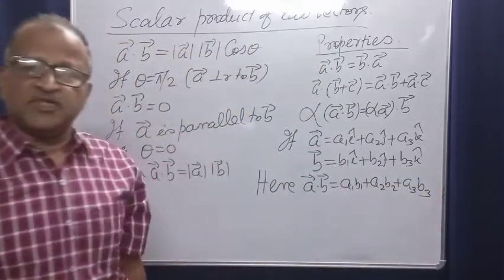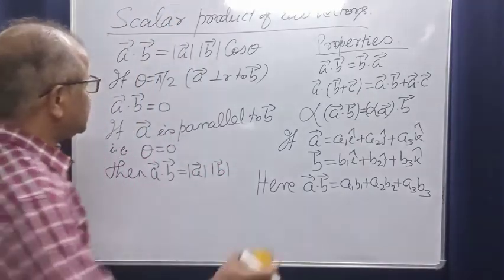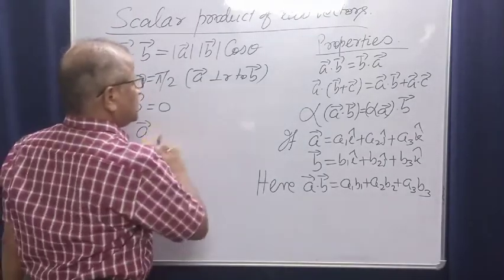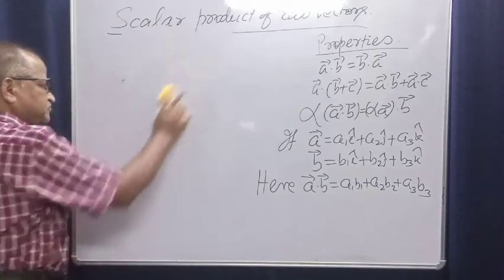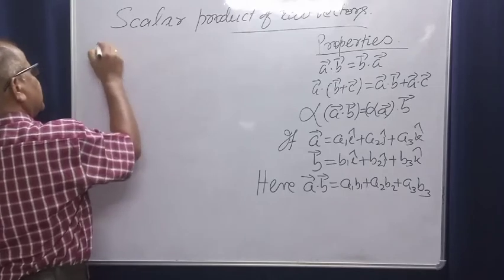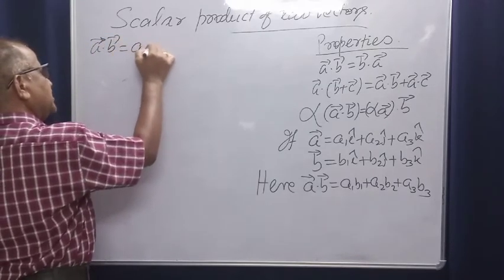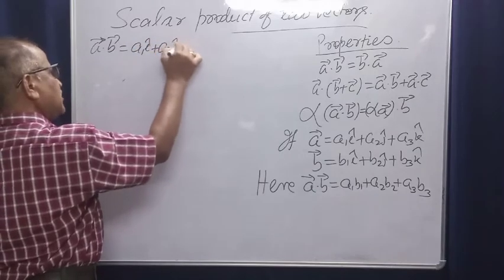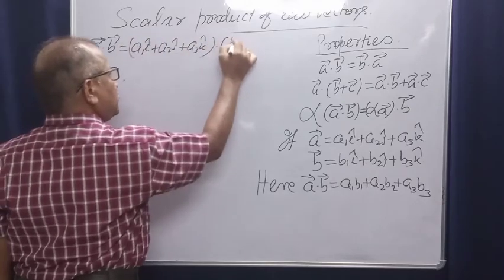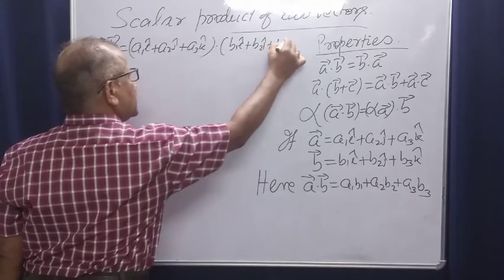You can verify this. How? A dot B is equal to (A1 i cap plus A2 j cap plus A3 k cap) dot (B1 i cap plus B2 j cap plus B3 k cap).